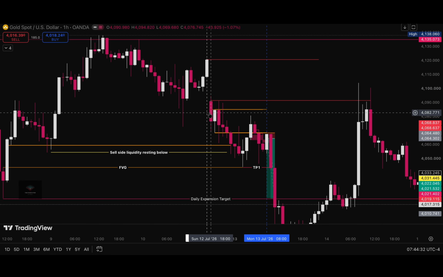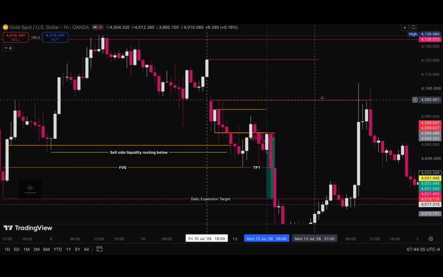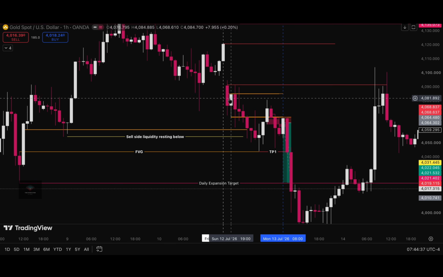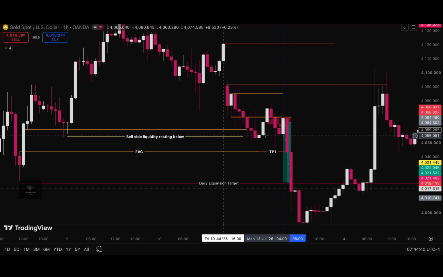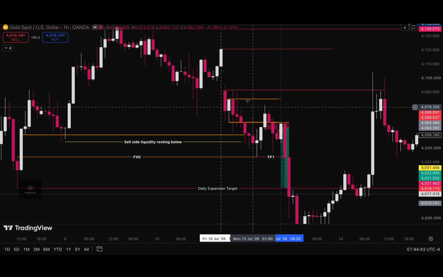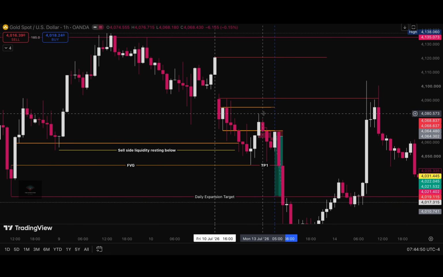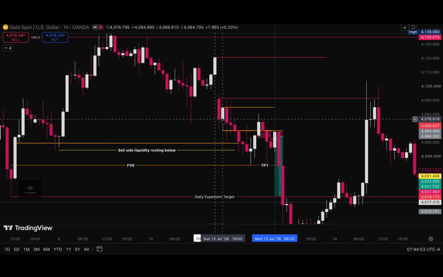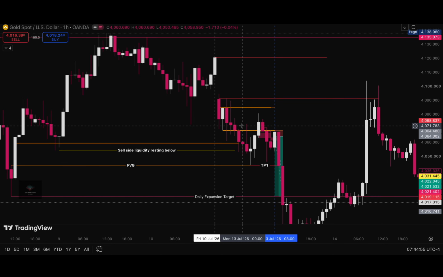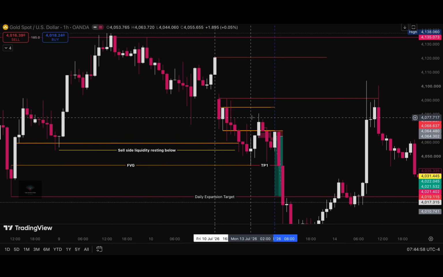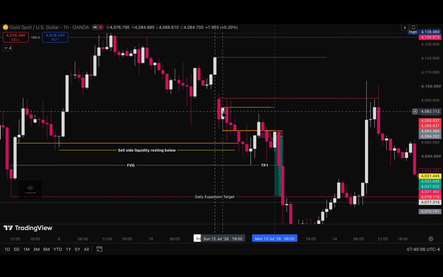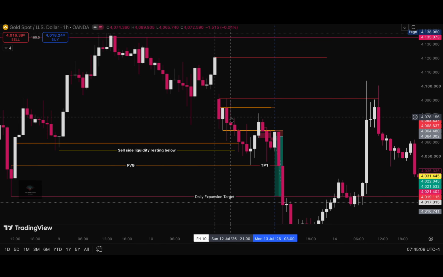So I went back to 1 hour chart, and I saw that order block residing right here. So what it means is that if the market is coming down to a level from where it should take liquidity and then go up and target somewhere higher, it shouldn't leave an order block, a fair value gap, or anything like that in a bigger or higher time frame.